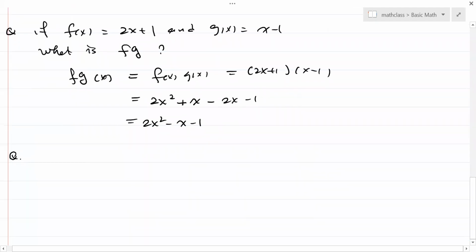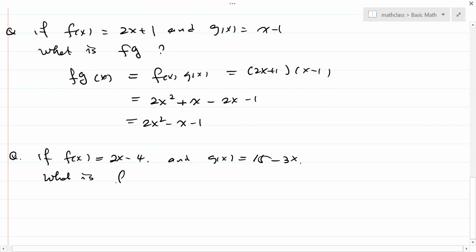Now let's look at the next problem. Some problems are even much simpler if you understand the concept. Say g of x equals 15 minus 3x, and we want to find out what is f of negative 1 times g of negative 3.